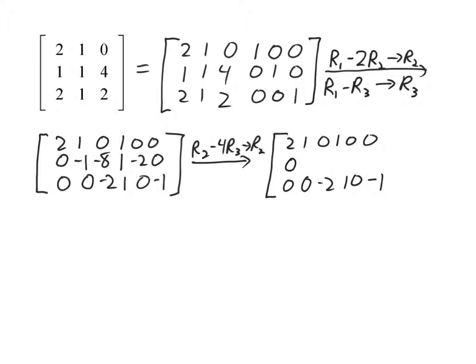Negative 1 minus 4 times 0 is negative 1. Negative 8 minus 4 times negative 2, which is negative 8 plus 8, is 0. 1 minus 4 times 1 is negative 3. Negative 2 minus 0 is negative 2. And 0 minus 4 times negative 1, which is 0 plus 4, is 4.